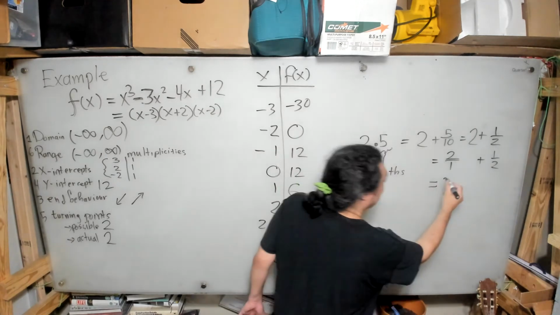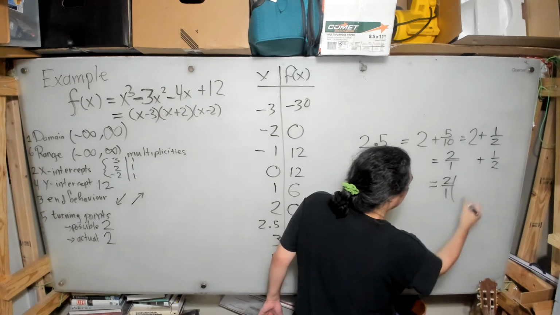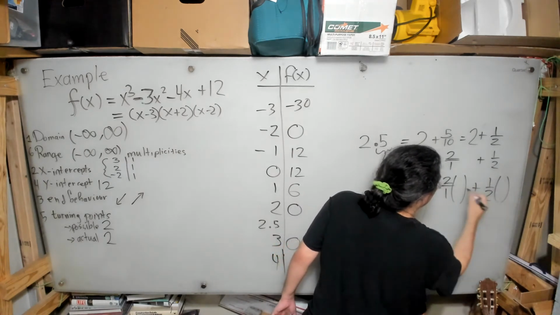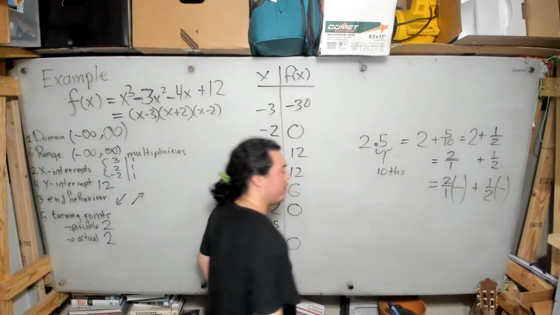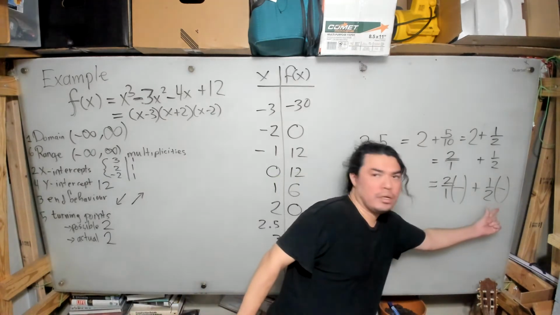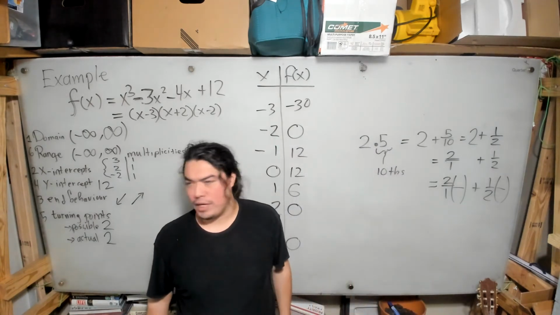So what I'm going to do is multiply this first fraction times something plus the second fraction times something, with the intention of having these products be fractions with the same denominator. Okay?